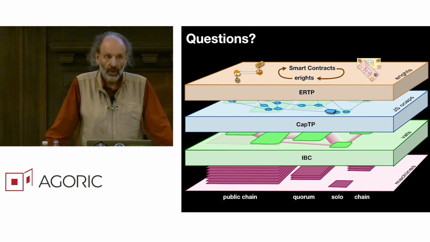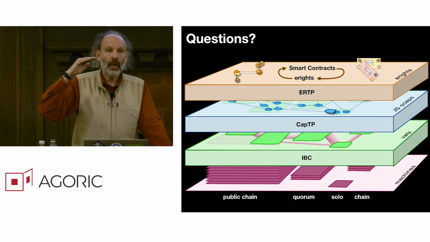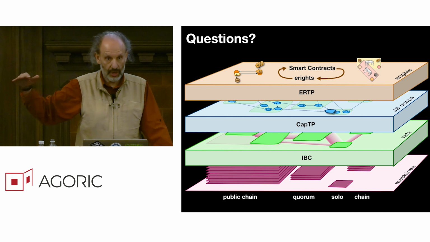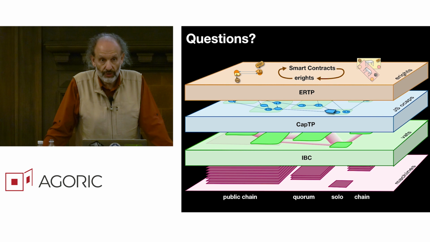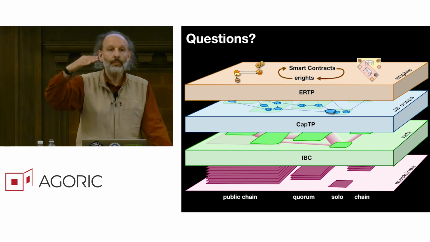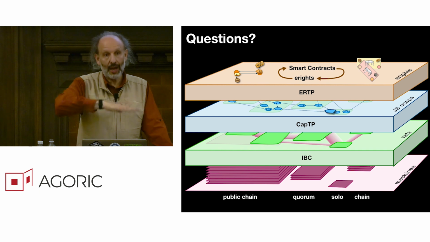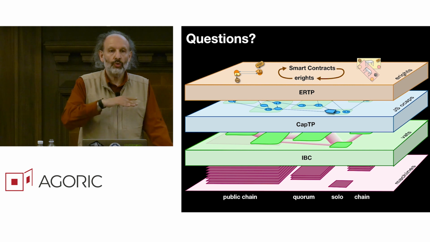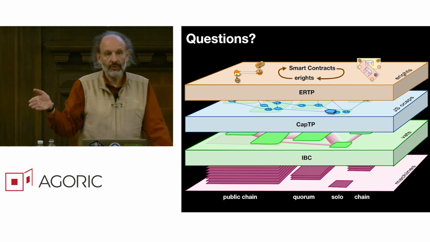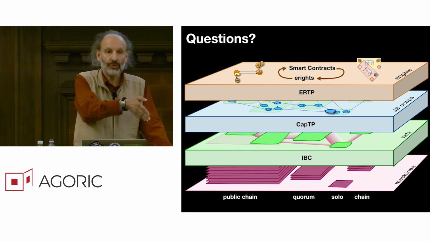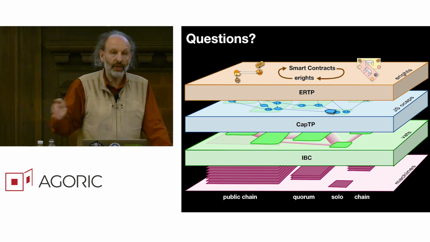So our focus is creating the level of symbolic object programming that is independent of the location of the objects that it's interacting with. The layering on top of CapTP, on top of IBC, is in order to enable that independence and enable the rich connection between computations that have been located in different places.